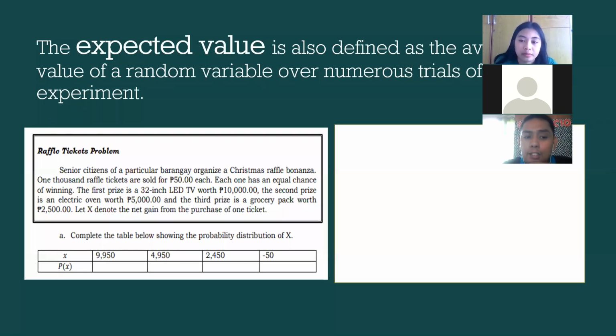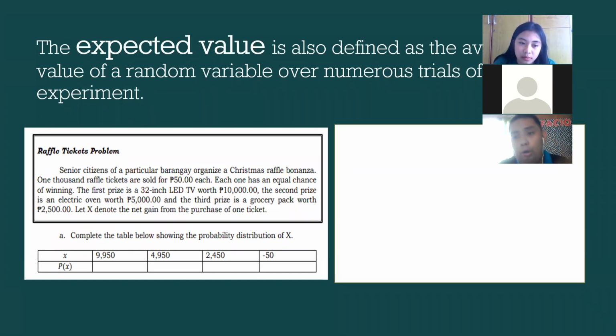The first prize is 32 inches LED TV worth 10,000. The second prize is an electronic oven which is worth 5,000. And the third prize is worth 2,500.